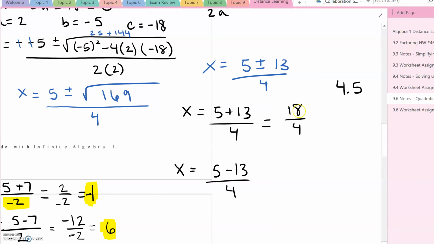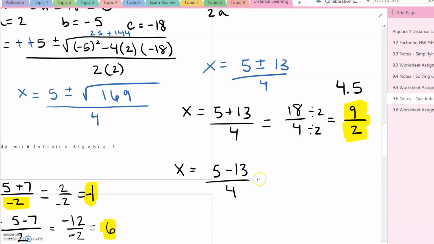So it is 4.5, but both of these are divisible by 2. If we're trying to simplify this fraction, 18 divided by 2 is 9, and 4 divided by 2 is 2. So 9 halves is how I'm going to write 4.5. I don't want you to write a mixed number as 4.5 because it can be very misleading that it's 4 times a half, which would only be 2. So one of our answers is 9 halves.